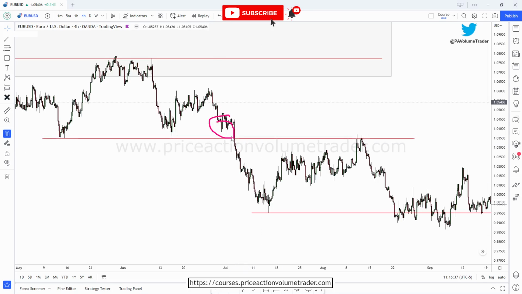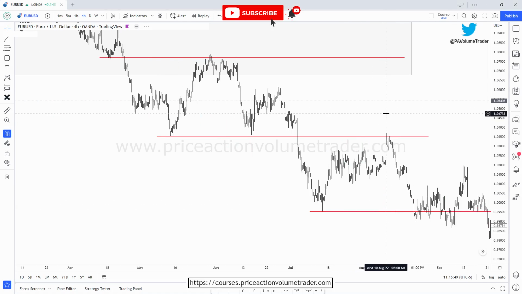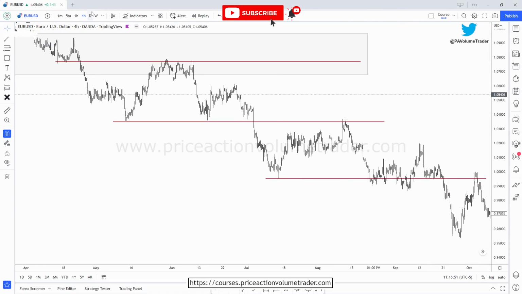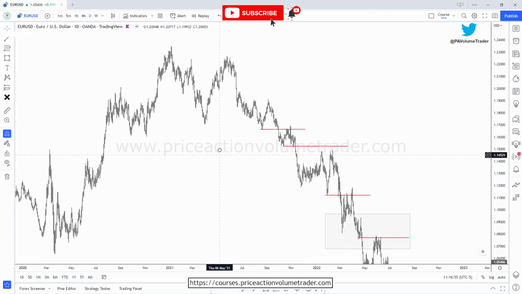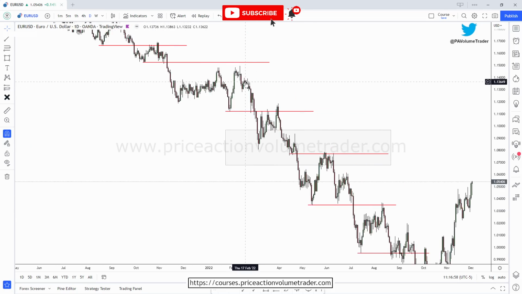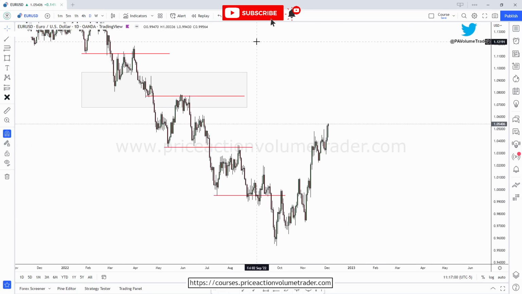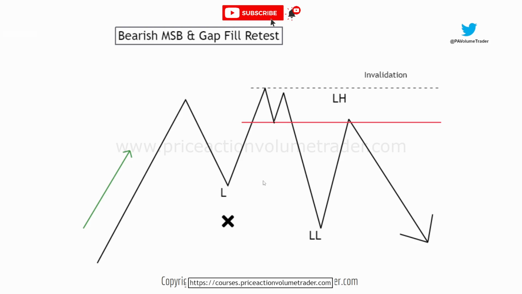If we take our line tool, you can see that price went back right into the gap fill on the 4-hour chart. But this is going into multiple time frame analysis, which I've got videos and guides on in my course.